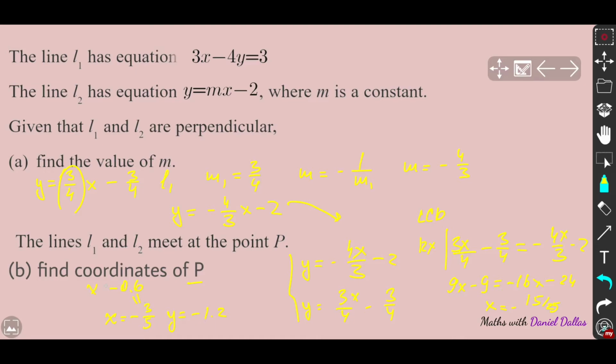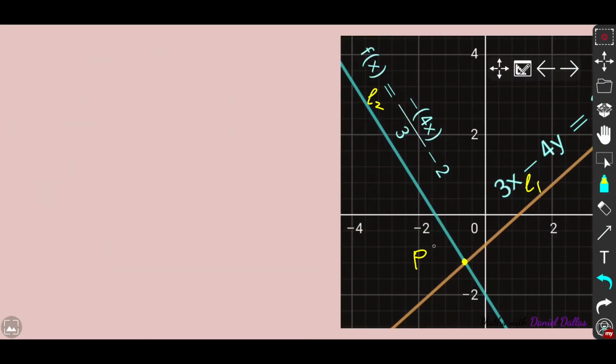Alright, so I just fixed this result and I put the coordinates for point P right here. P will have the following coordinates: negative 0.6 and negative 1.2. So that's the solution for problem 1. Alright, let's move on to the next.